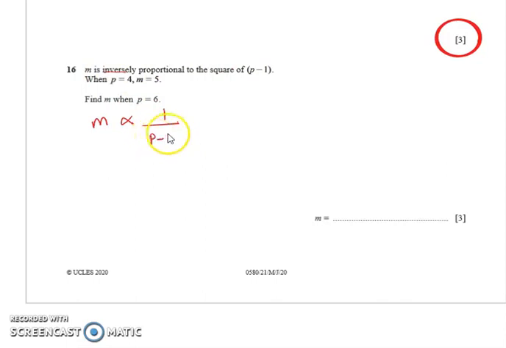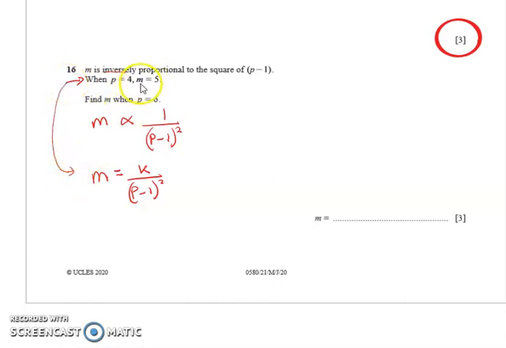So p minus 1, and we put a square here. To make it an equation, we make it equals, and we introduce a variable k.